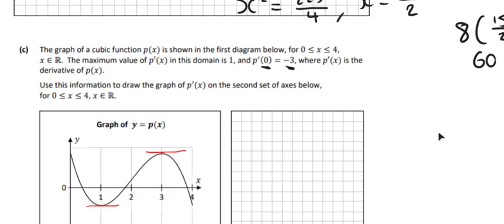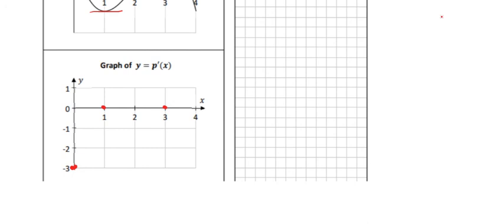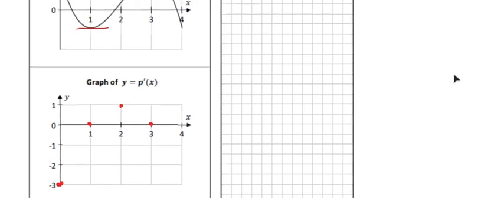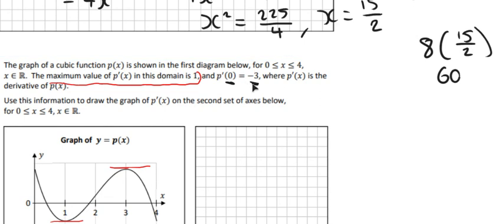I think there's one other thing, so the maximum value of p'(x) is 1. If our graph goes through each of those points and it's going up through there, it has to reach 1 there. Is there one other thing then?